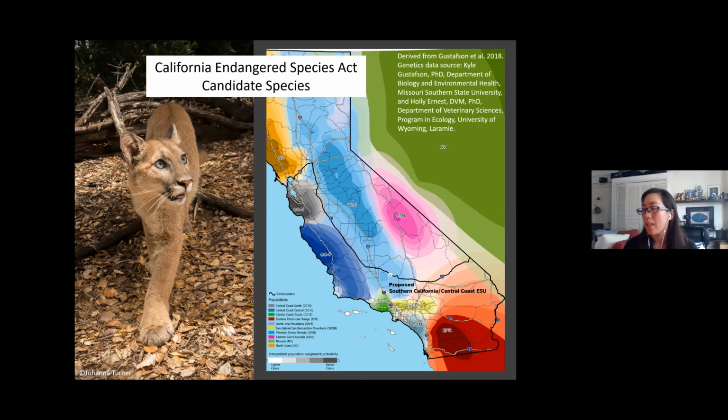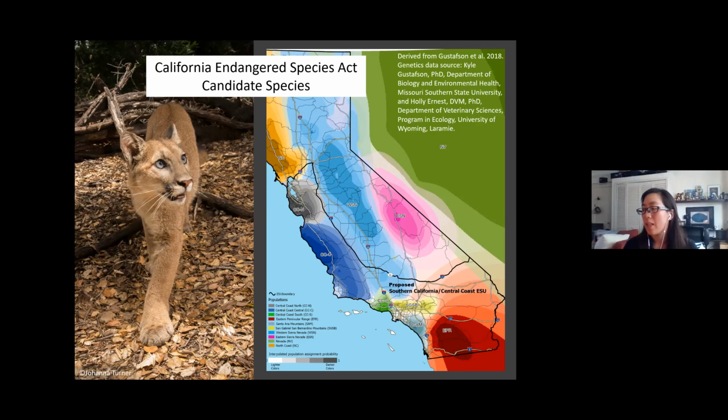But it's not just the Southern California mountain lions that are struggling right now. There are mountain lions up here in the Santa Cruz Mountains where we are, and those mountain lions are also struggling because they're being severely isolated as well.